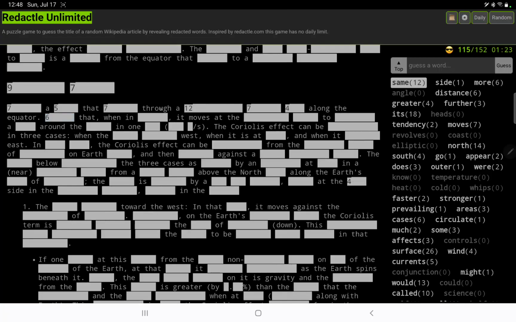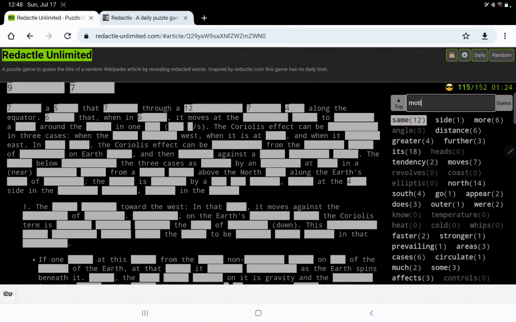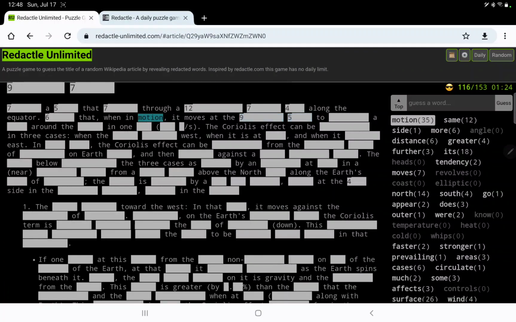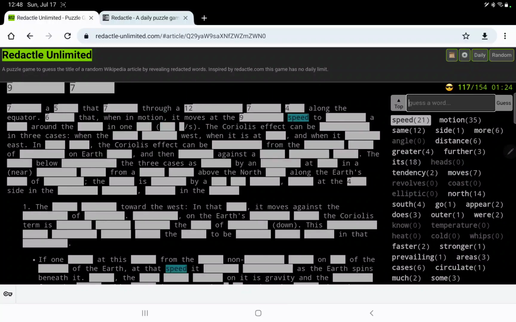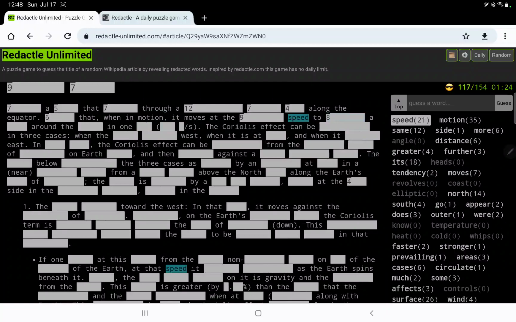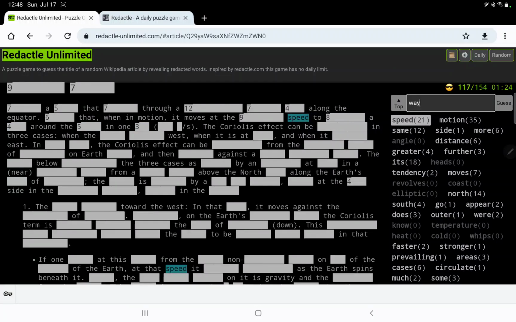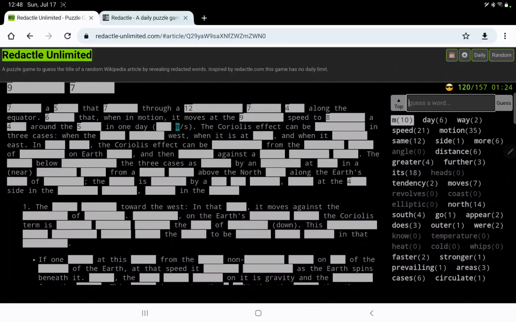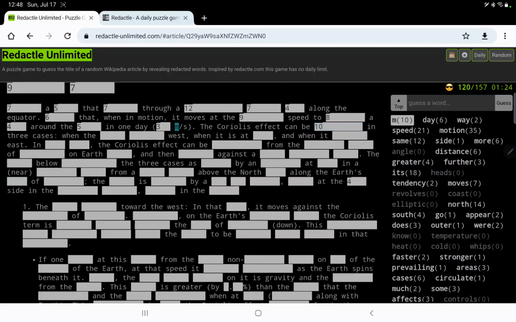Something that, when in motion, it moves at the something speed, at the something speed to something around the thing in one way, no, in one day, okay, and then that's so many, I presume, meters per second, some number.